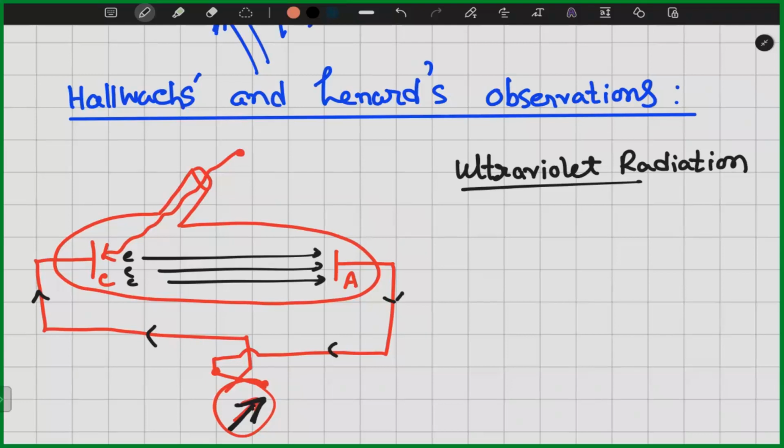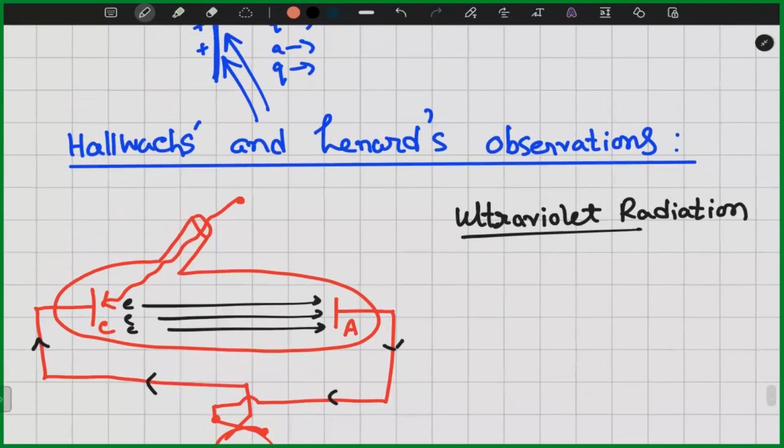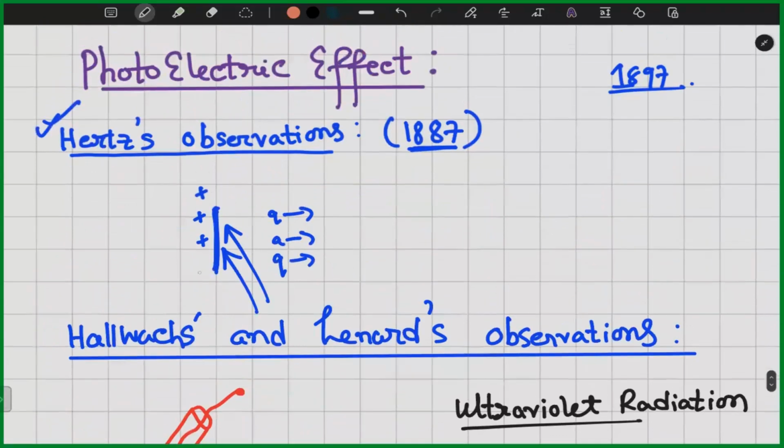And this, I think, is Hallwachs. What he did was take a negatively charged zinc plate. Whereas Hertz used a neutral plate, which becomes positively charged after emitting electrons, Hallwachs's plate is negatively charged.